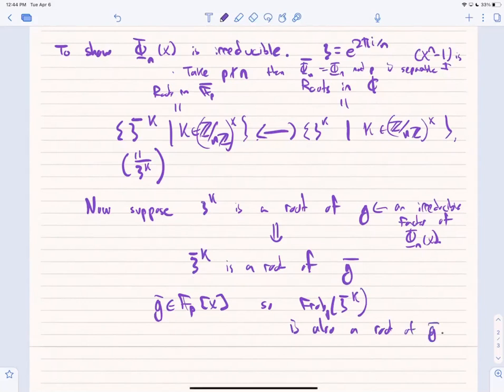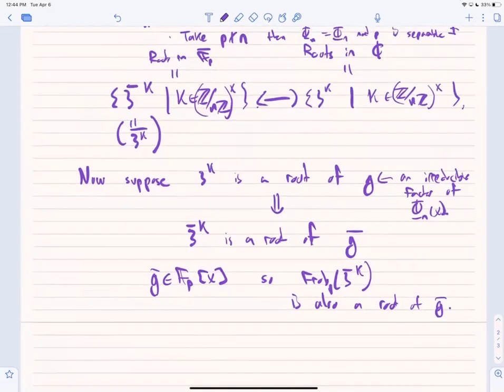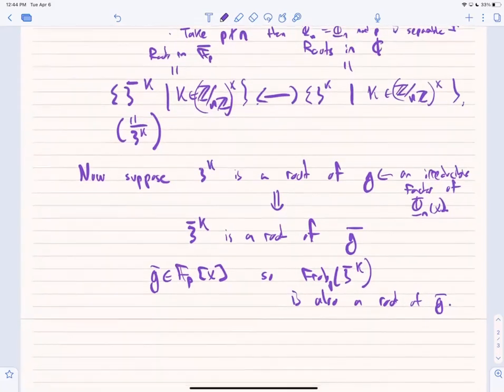G bar might not be irreducible still. There's no reason it has to be, but nonetheless this is true. If I have a polynomial in F_p of x and I apply an automorphism of F_p bar, like the Frobenius automorphism, it sends roots of G bar to roots of G bar. It sends roots of any polynomial with coefficients in F_p to roots of that polynomial, just because it's an automorphism fixing F_p.